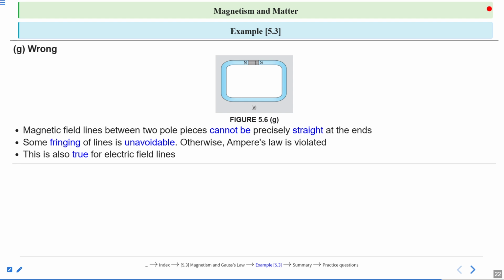At the ends of these plates, the electric field lines between the plates will not be straight. It will be a bent line. That is called fringing. So we cannot avoid the effect of fringing, except in special cases. Fringing is unavoidable.